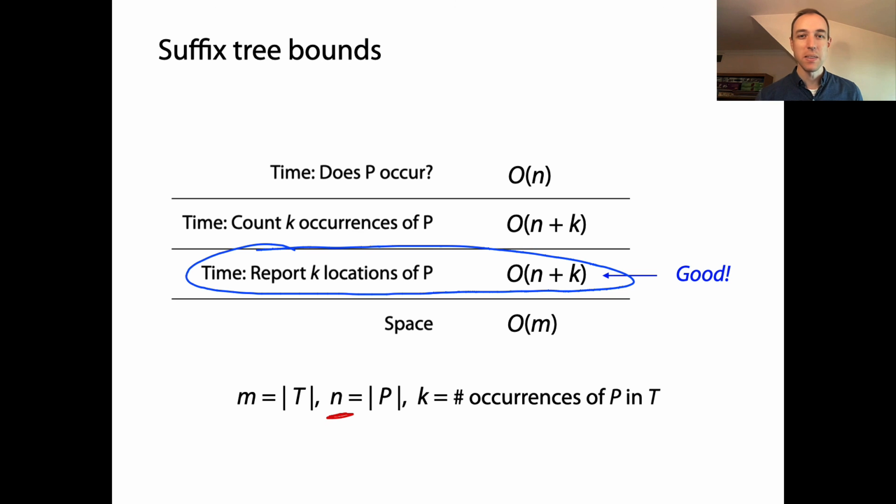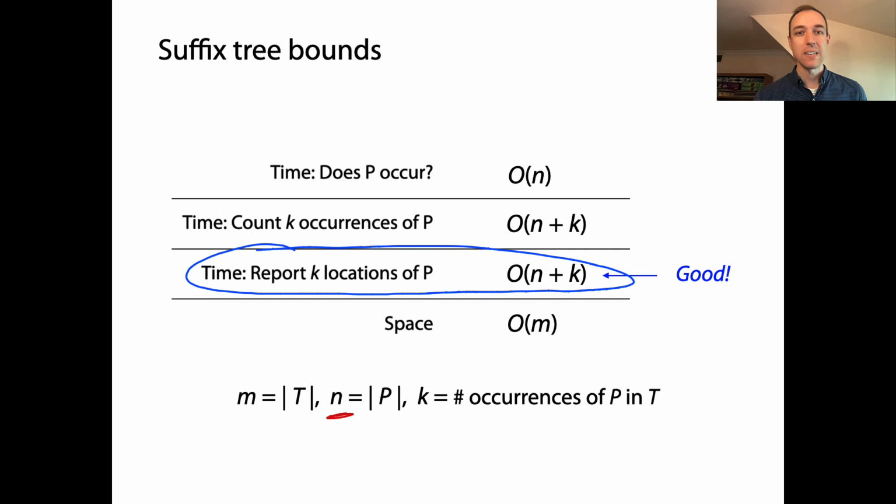The n has to be there. The k, if we assume that it takes some effort to report each of those offsets, to actually report them back to the person who presented the query, then it makes sense that k has to be in there too. So having it take big O of n plus k time is about as well as we could expect to do. And notice m is not in there.